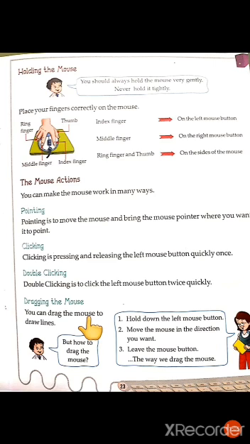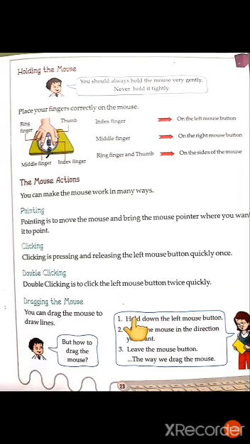Next, leave the mouse button. Where you want to leave, release the mouse button. First we press the button, then move the mouse in the direction we want, then leave the mouse, which means release the mouse button. This is the way we drag the mouse. So this is another activity for how we can drag the mouse.